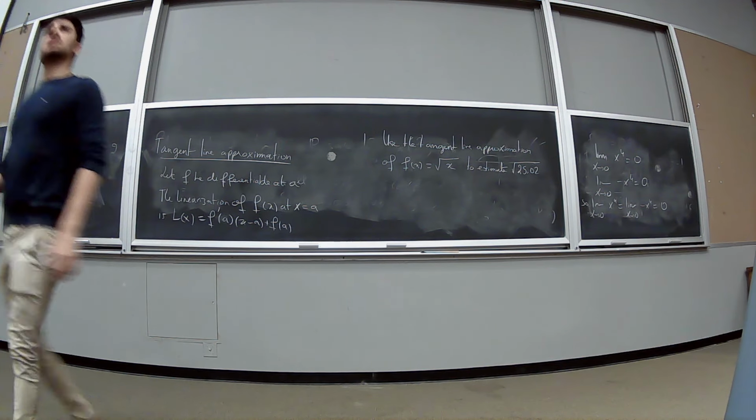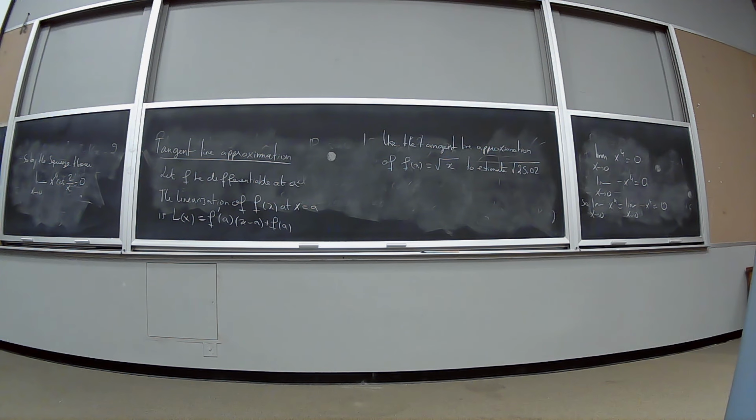So I have to estimate square root of 25.02. Now, can you compute that without a calculator? Using your hands, it's usually a bit difficult, right? I mean, it's not that bad, but it's a bit difficult. You agree? Square root of 25.02, you would need a calculator.